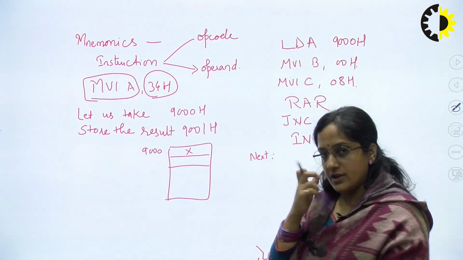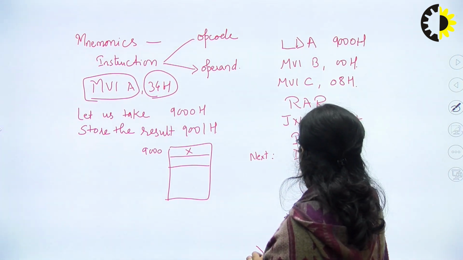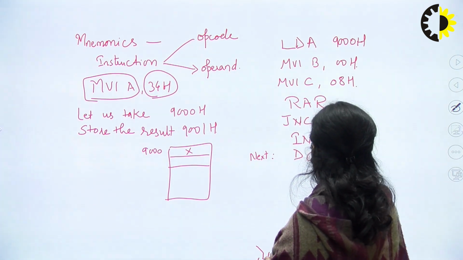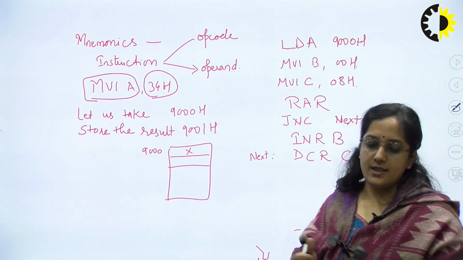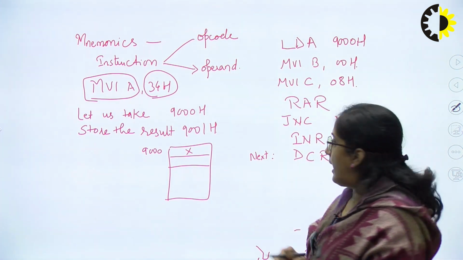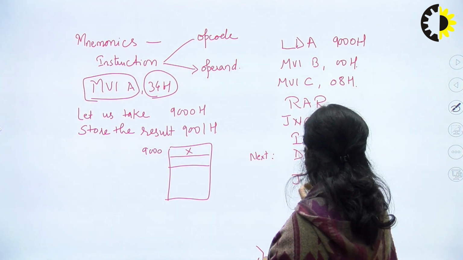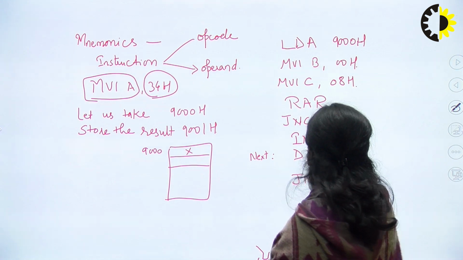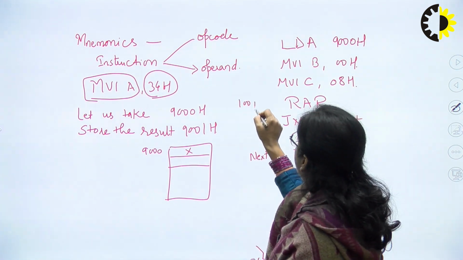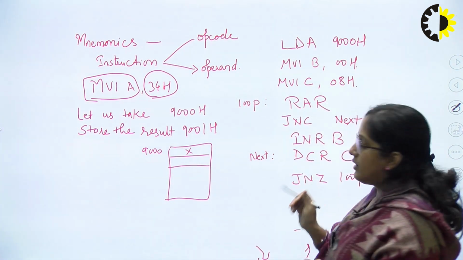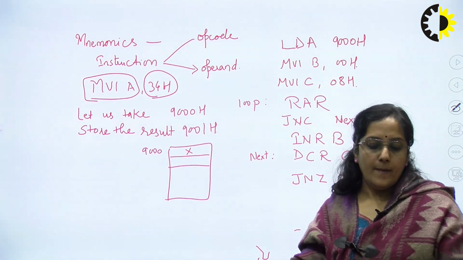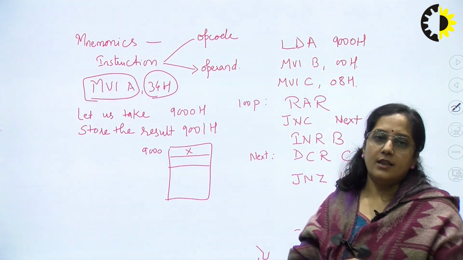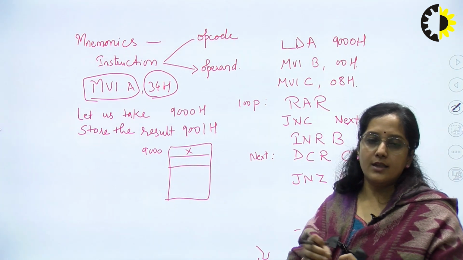If carry is not generated, meaning the bit is 0, we just decrement the count by 1 so that one bit is processed, and this has to be repeated till the count reaches 0. So we have to rotate again. We will go back to the jump loop.